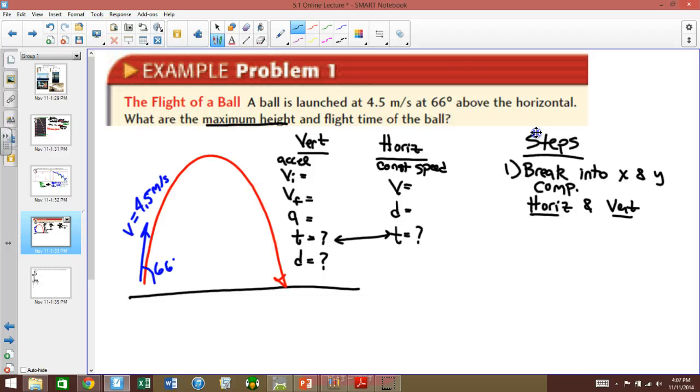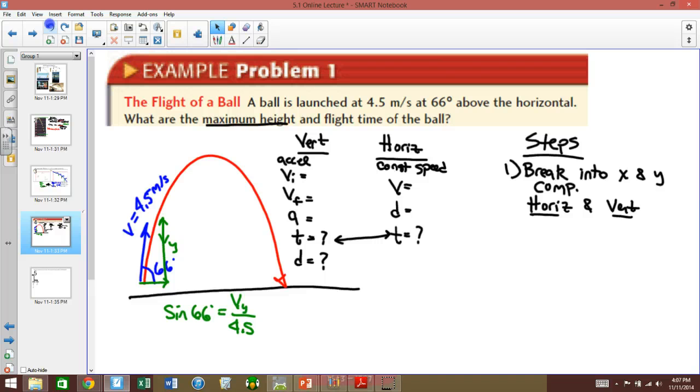So let's try this. What I first have to do, because 4.5 meters per second, that's not a vertical velocity, nor is it a horizontal velocity. But what you're going to do is find the components of it. So I'm going to find the horizontal component of the velocity and the vertical component of the velocity using sine and cosine. So I'll say the sine of 66 degrees is equal to, I'll just call this y, the velocity in the y, Vy over 4.5.